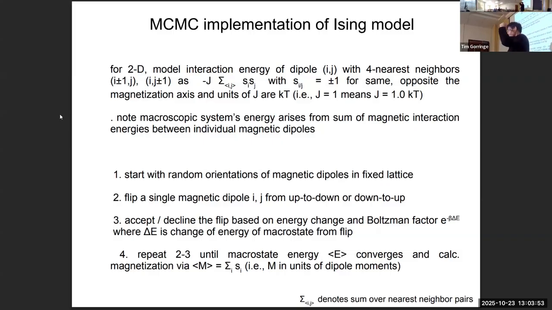Again, with this strength J in units of kT. And so that's my whole scheme here.